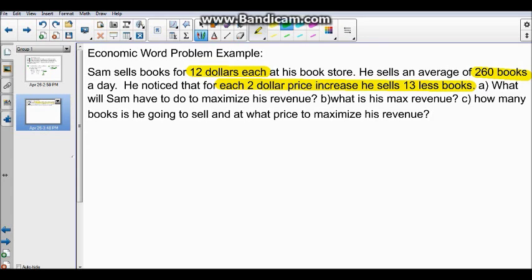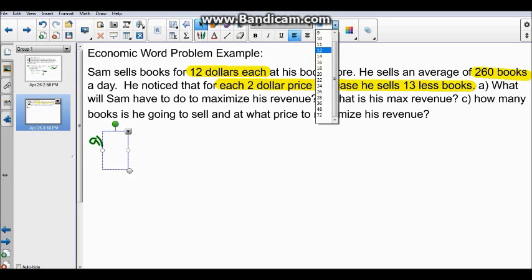So question A is asking us what will Sam have to do to maximize his revenue, which is pretty much asking how many $2 price increases he will have to do to maximize his total revenue. And we know that the formula for revenue is number of books sold times the cost per book.